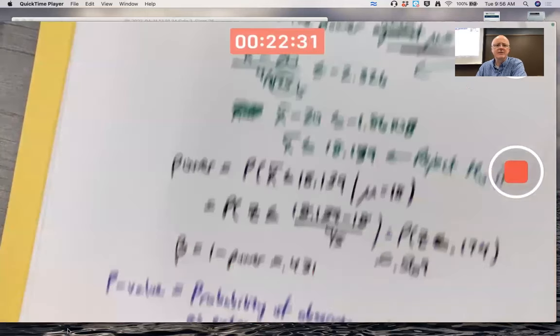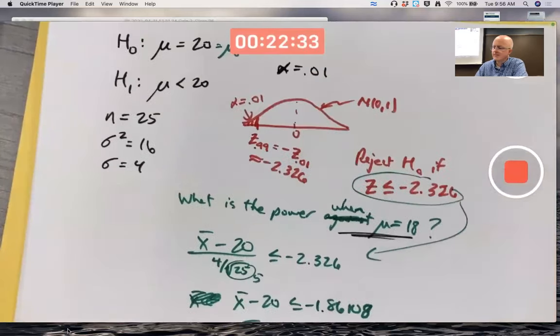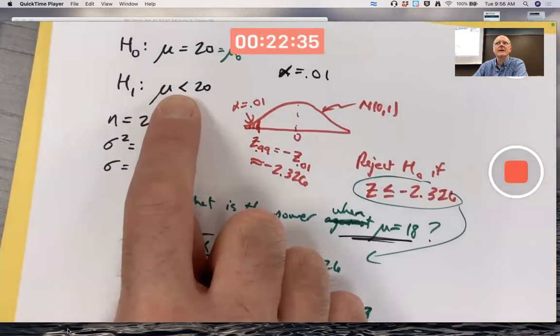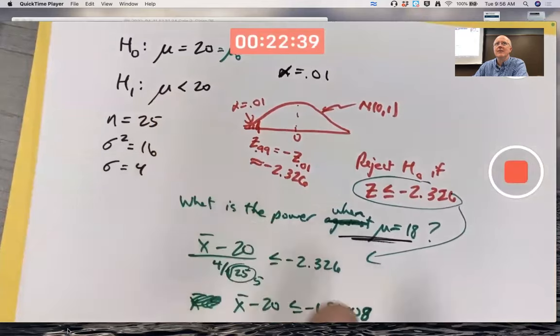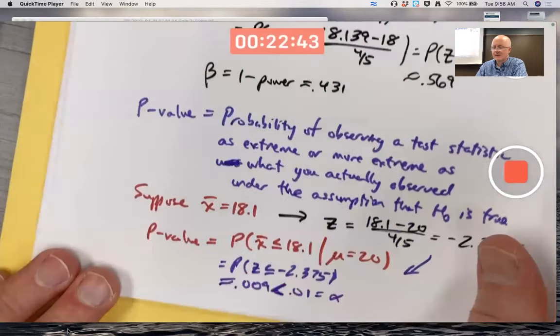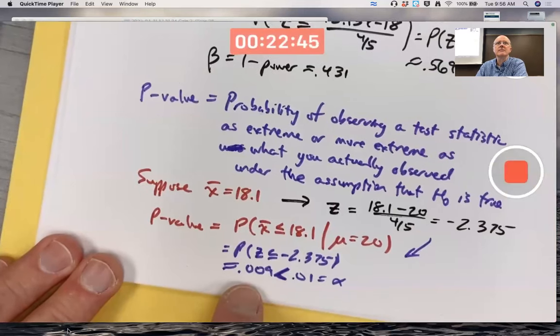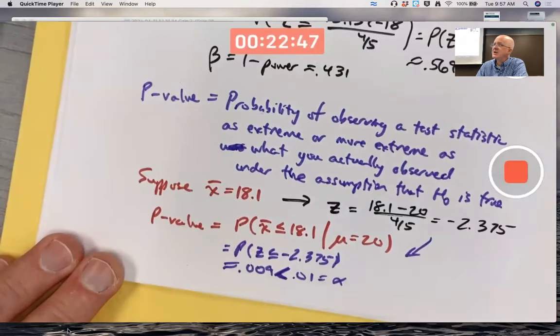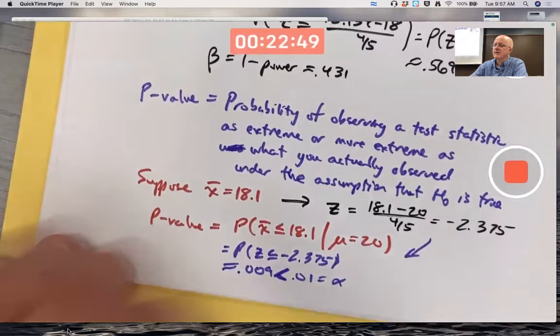If this had been a two-tailed test, mu not equal to 20 in the alternative hypothesis, I'm telling you, you should be able to handle it. As far as the p-value goes, you just double it. Just double the one-tailed p-value. As far as the rejection regions, it's actually a bit trickier.